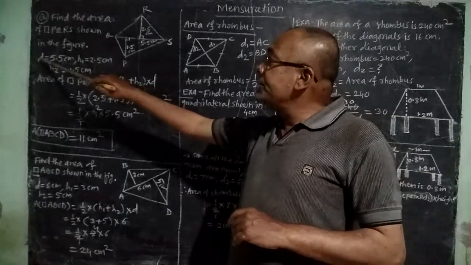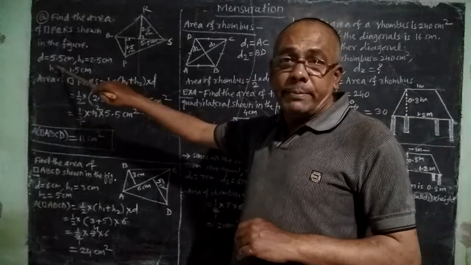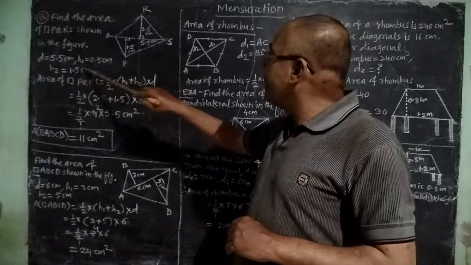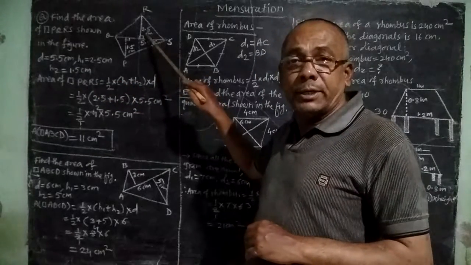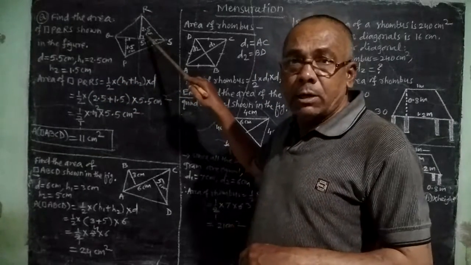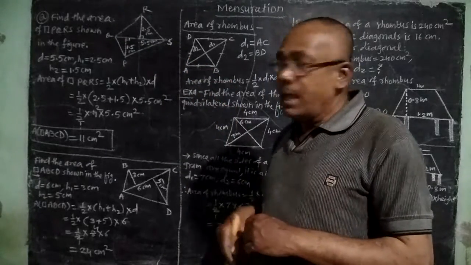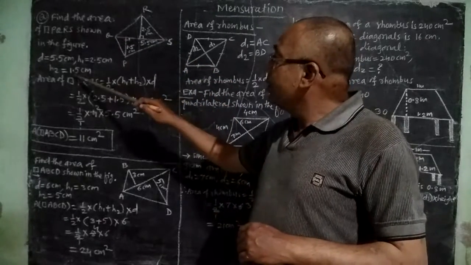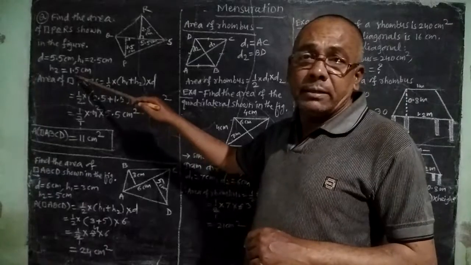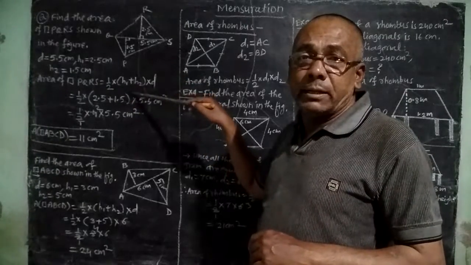Here d is equal to 5.5 centimeter, h1 is equal to 2.5 centimeter, that is the height of the first triangle or upper triangle, and h2 is equal to 1.5 centimeter, that is the height of the second triangle.